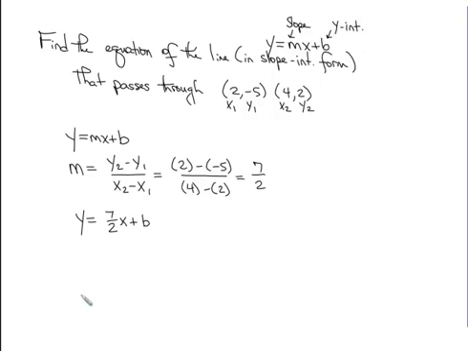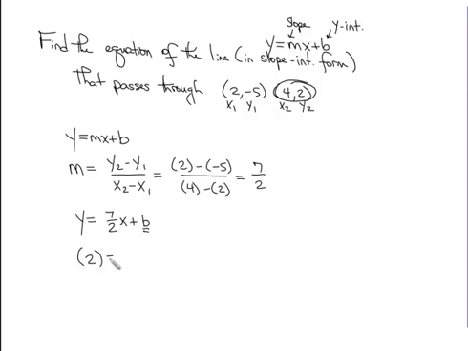Now, in order to find our y-intercept, our b, we're going to pick one of our 2 points and use it. I'm going to choose this one, but it doesn't make any difference. They both have to work in the equation, so we can use either one of them to find the missing value. So we plug the 4 and the 2 in for our x and our y.